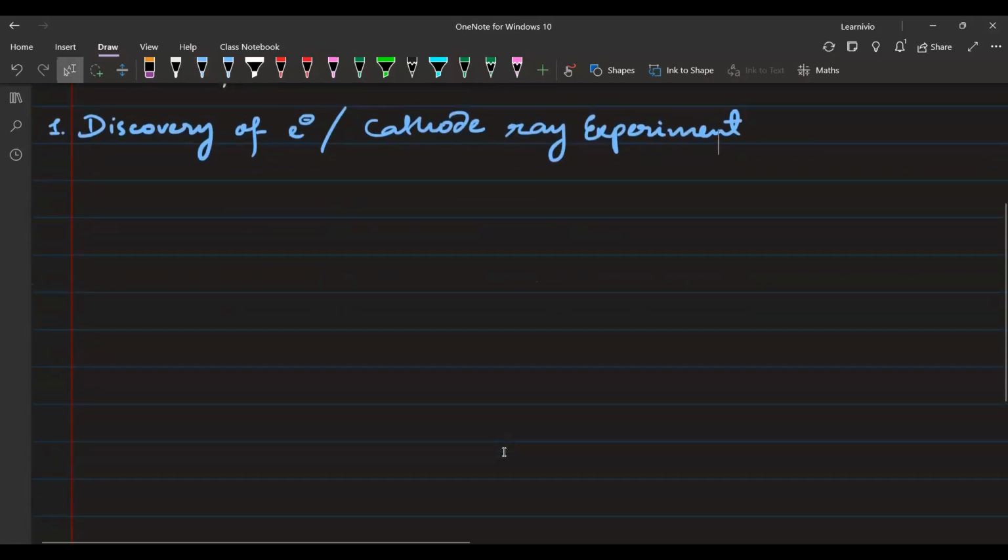The discovery of electrons by the cathode ray experiment. Now you have seen the experiment. I will also give you a small diagram that you can make.